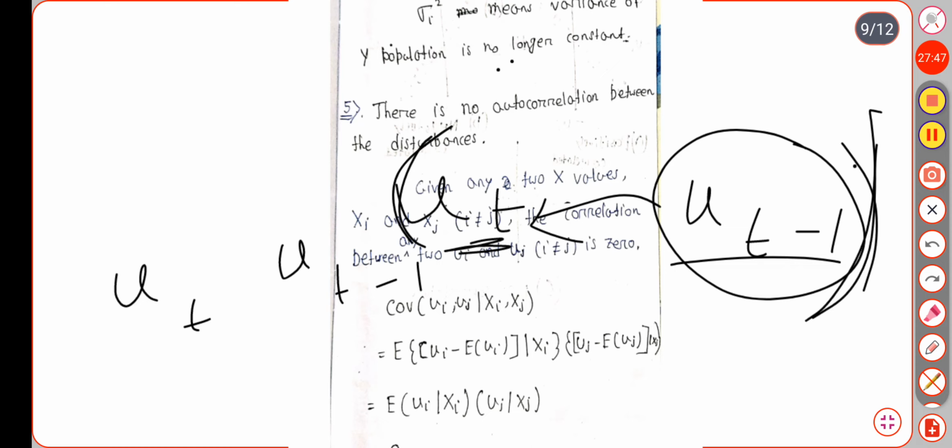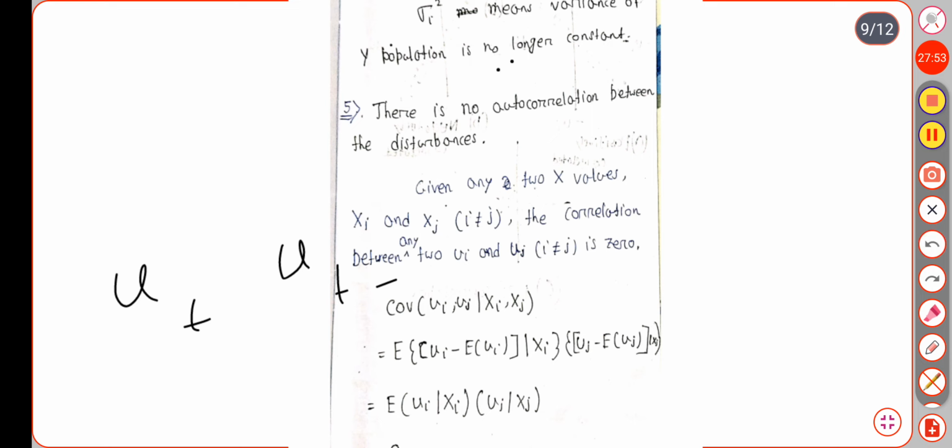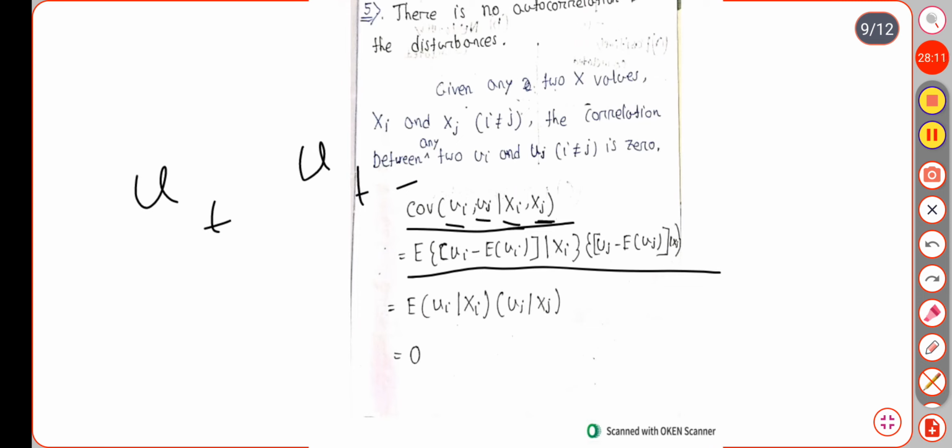This is another assumption of the error terms, that there is no correlation between the disturbances, and it can be further written as the covariance of ui, uj given xi and xj, that is ui given xi, uj given xj. This can be further broken down using the formula of covariance, and this can be written as 0.